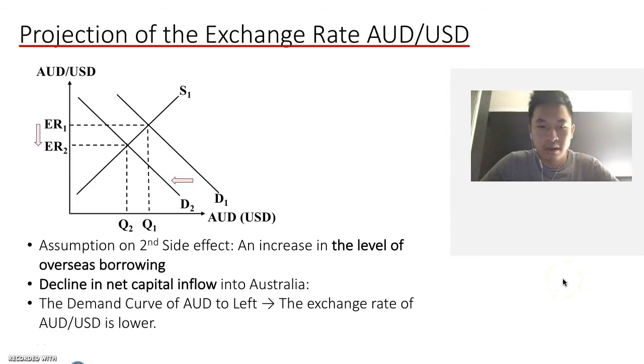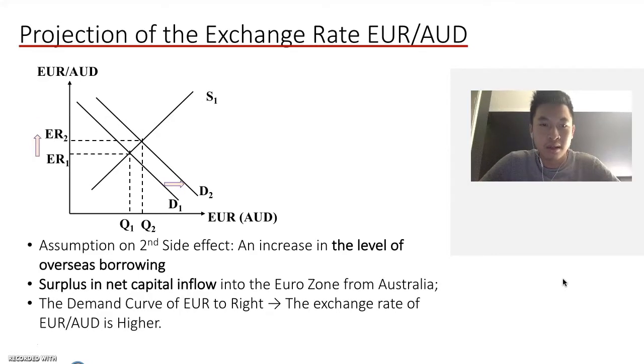Essentially, we will see the second side effect as the decline in net capital inflow into Australia from the US, which will push the demand curve of AUD to the left, therefore the exchange rate will be lower. And also, the euro will see a surplus in the net capital inflow into the Eurozone from Australia, which pushes the demand curve to the right, therefore the exchange rate will be higher.